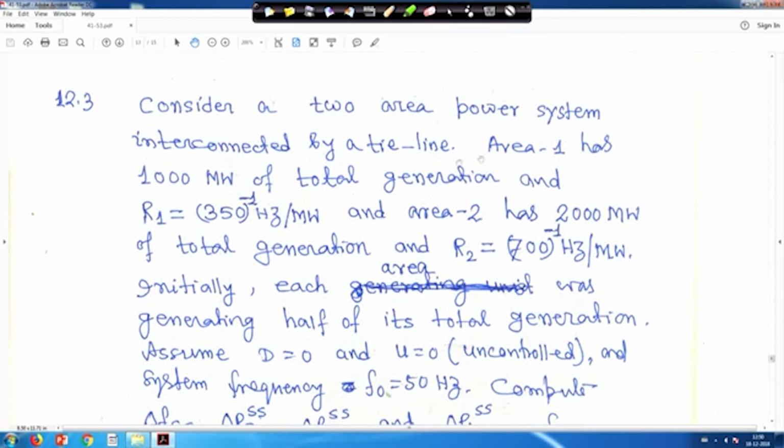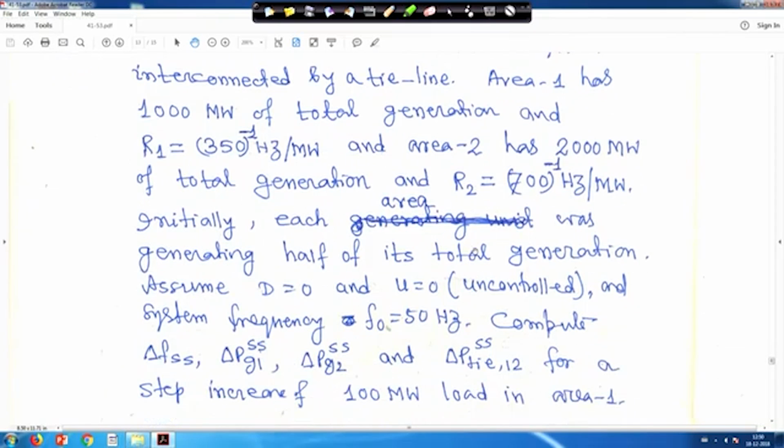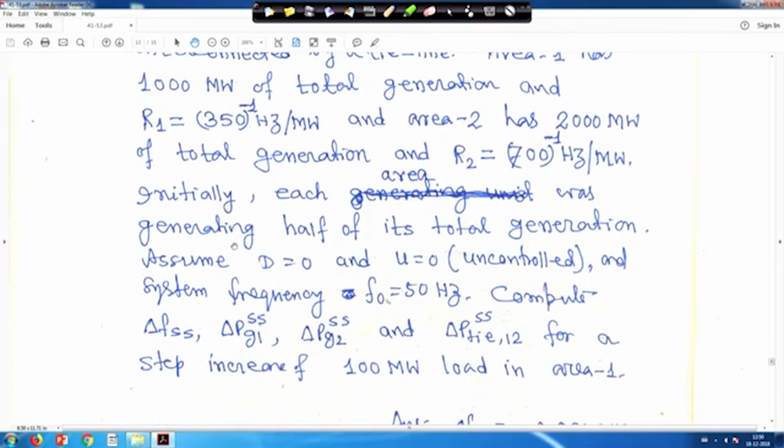Consider a 2 area power system interconnected by a tie line. Area 1 has 1000 megawatt of total generation and R1 is equal to 1 upon 350 hertz per megawatt, and area 2 has 2000 megawatt of total generation, R2 is equal to 1 upon 700 hertz per megawatt. Initially each area was generating half of its total generation.